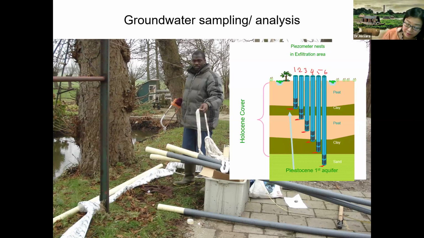Okay, so in this case, you see that our well has an opening here, and your deepest one has an opening here. Opening means that you will get water flowing into your well from this opening screen.